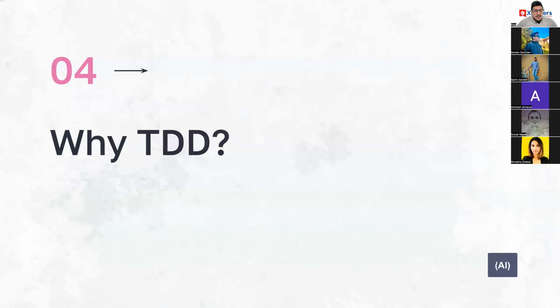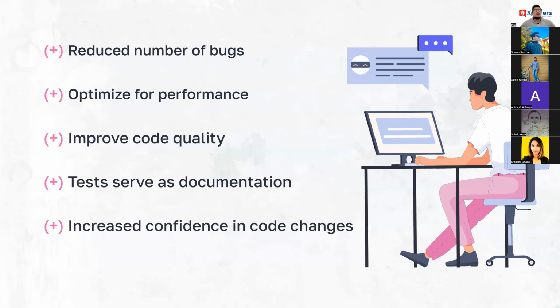So you might ask, why test-driven development? We obviously talked about how it helps you think about requirements upfront, but there are also other benefits, like it helps you reduce the number of bugs. For instance, when you have unit tests for your application, you give it a lot of edge cases.